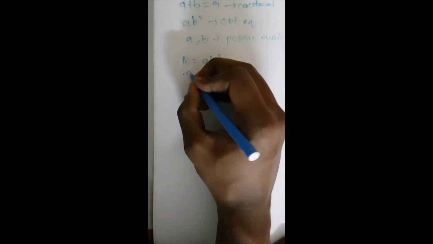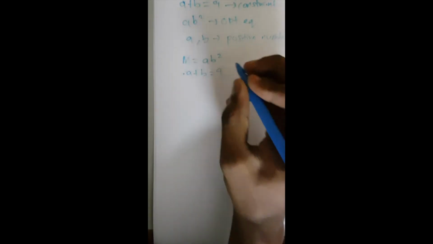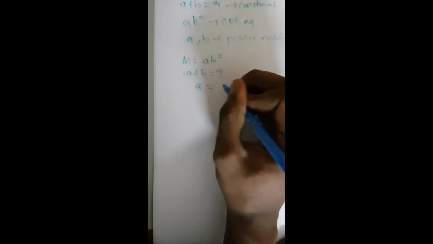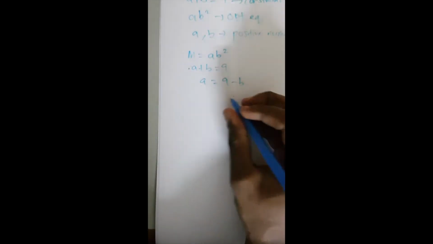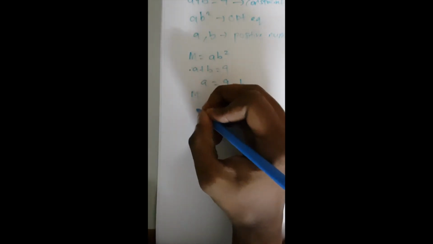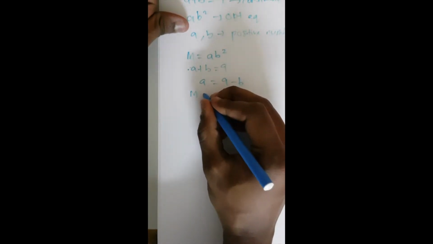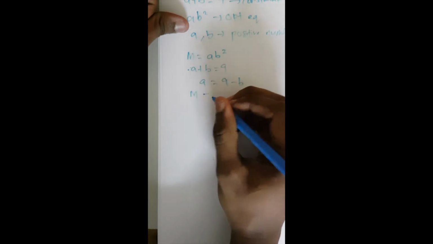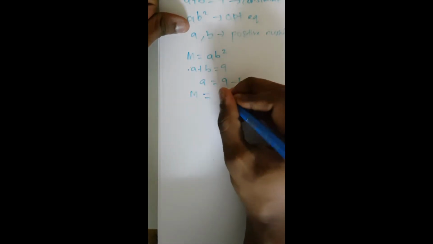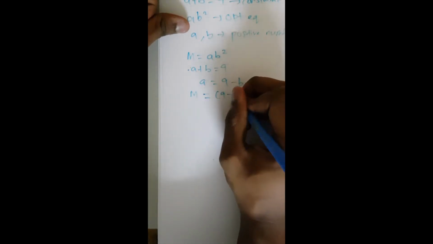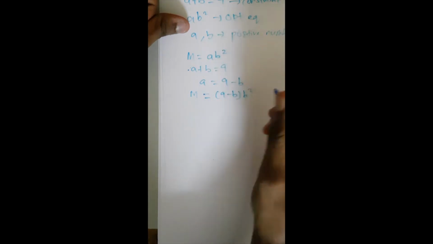So a plus b equals 9, then a equals 9 minus b. I'll substitute that, and we will get m equals 9 minus b, squared.